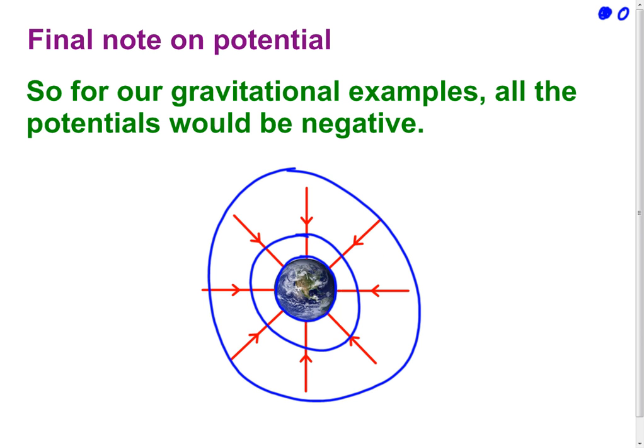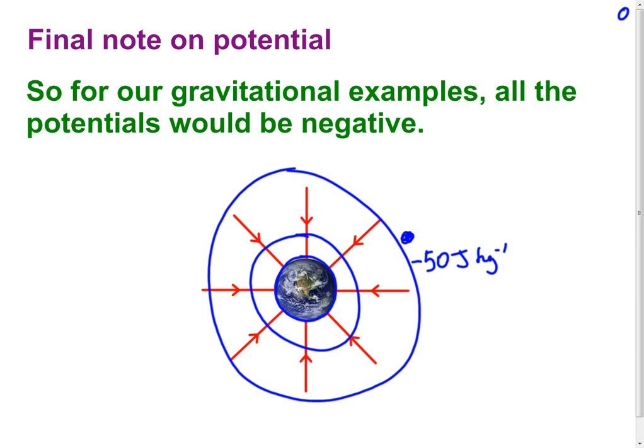Now actually, I don't have to do any work to get a test object from infinity to these equipotentials, because it's going to be attracted. So actually, the Earth is doing work on the object. So the work done turns out to be negative. So maybe, let's say for the sake of argument here, it's minus 50 joules per kilogram.